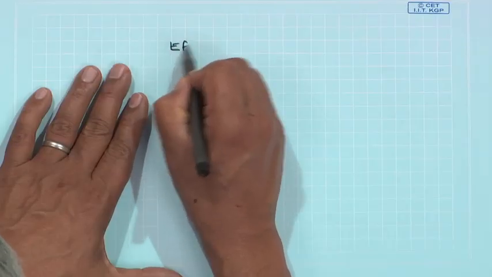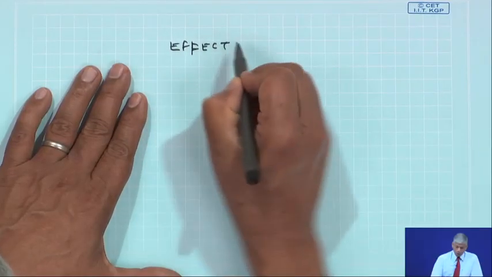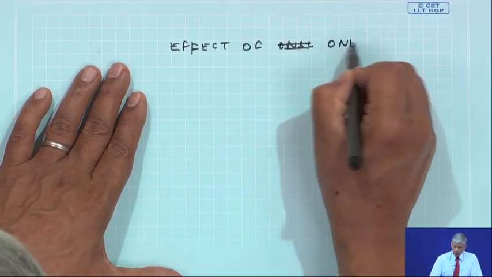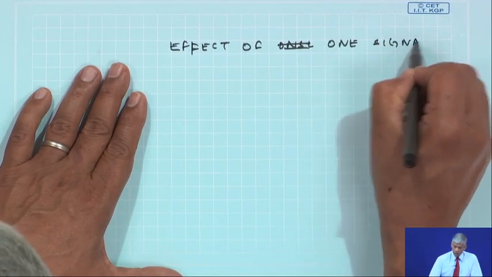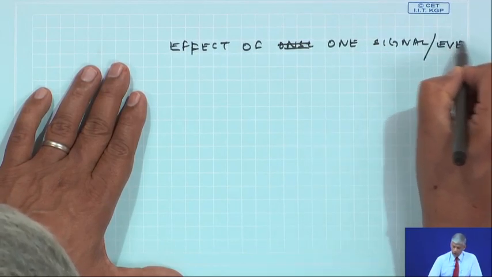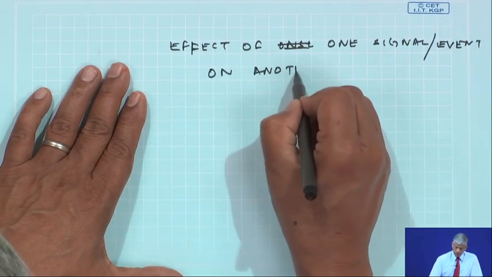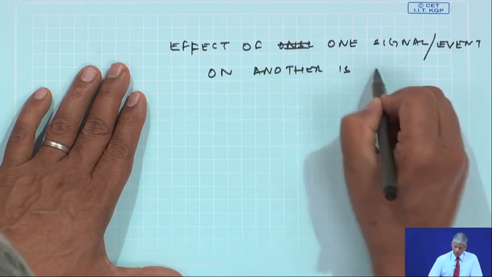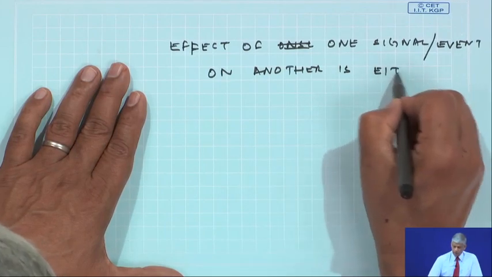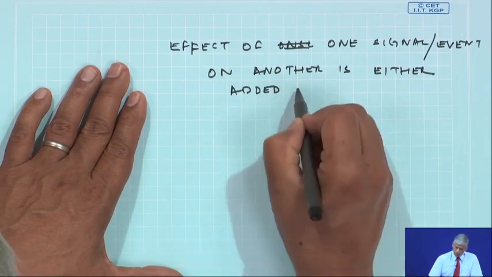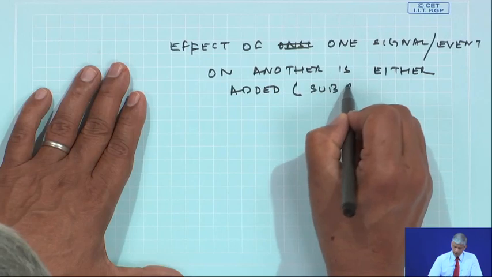And what happens in Cepstrum is the effect of one signal or event on another is either added or, I can also write, subtracted depending on the sign.